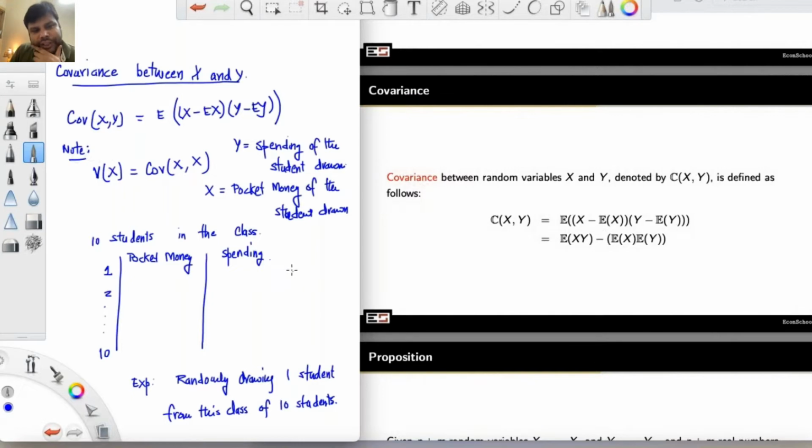How do you interpret the expected value of X? What is the expected value of X?